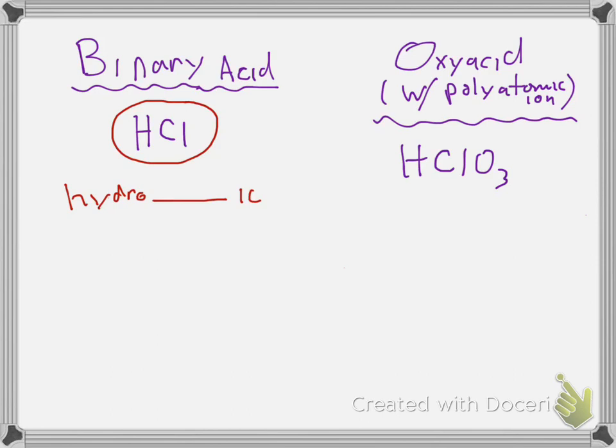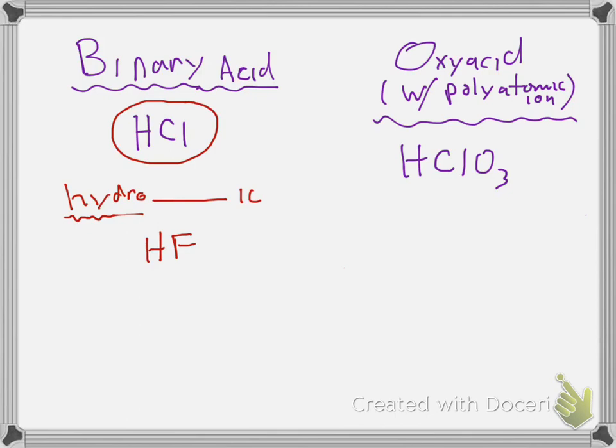You just fill in whatever the root of the element is. So hydrochloric acid. Another example would be something like this, which would be hydrofluoric acid. Notice how it's got the hydro in it. Now for oxyacids, you do not put hydro.